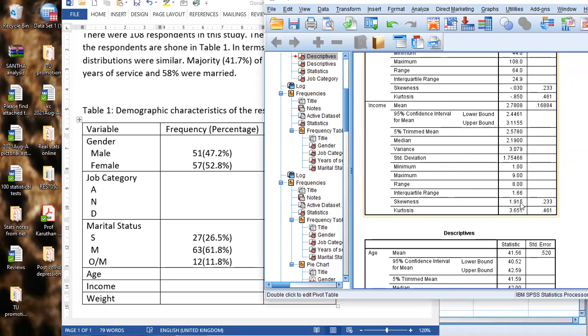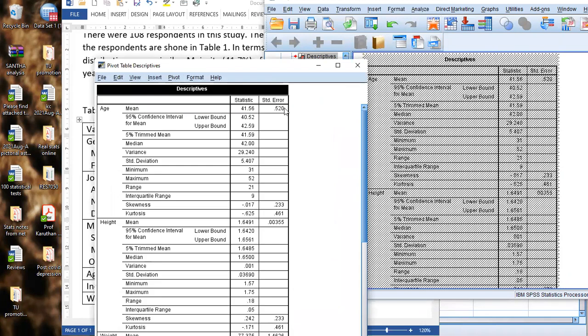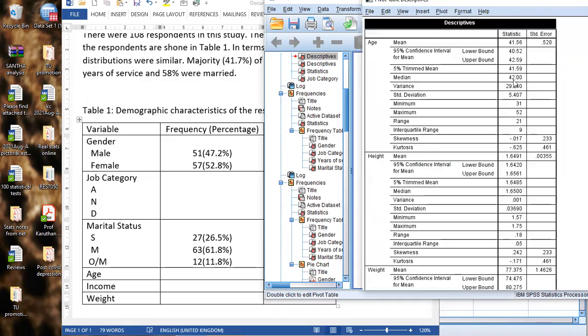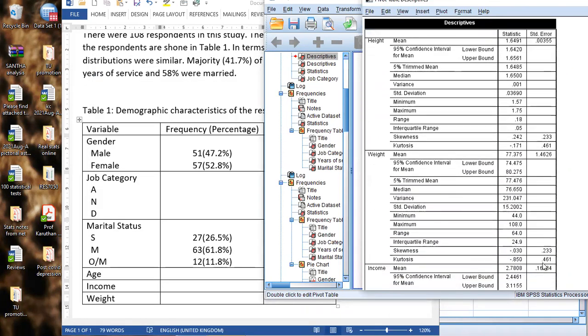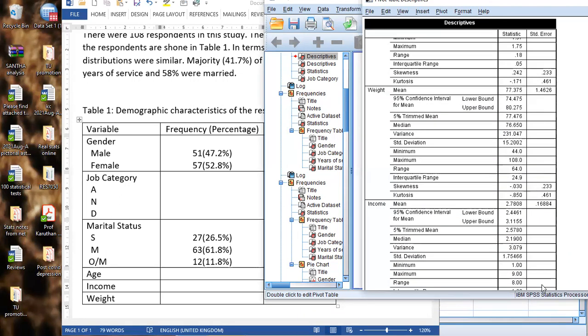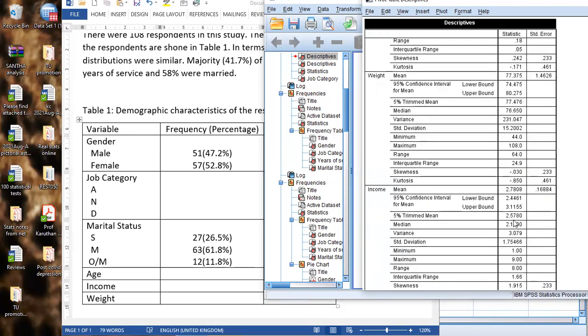Income. Is income symmetrical? No. Then don't use mean. It's not symmetrical, so don't use mean. Use median. Report the median and interquartile range.